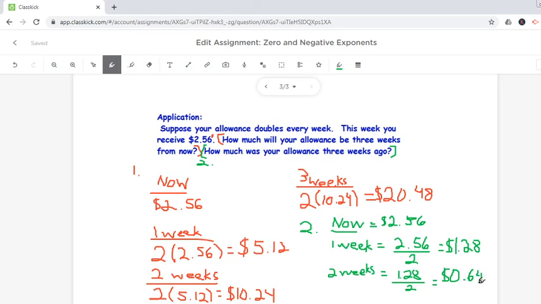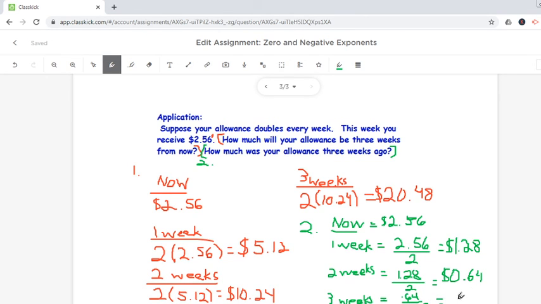And finally, 3 weeks ago, 3 weeks in the past. So this number, 64, is running out of space. 64 divided by 2.